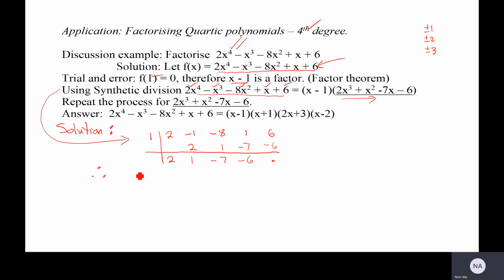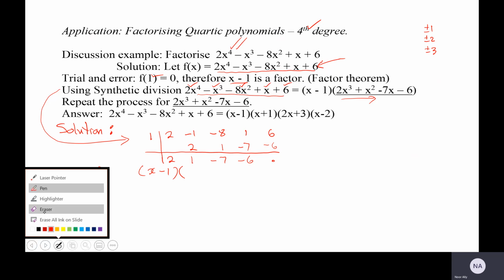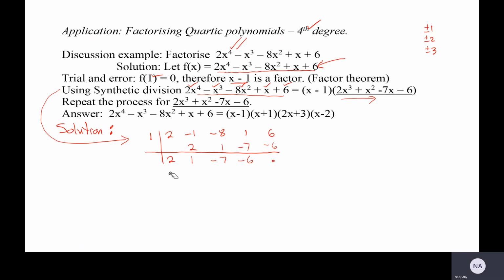Therefore, this can be factorized into the divisor, x minus 1, and because the highest power was an x to the fourth, well, let me just rather do this, because in terms of writing out our solutions, we must be extremely careful in writing a solution so that an examiner or someone else that reads it knows exactly what's happening. So I did the synthetic division by looking at 2x to the fourth minus x cubed minus 8x squared plus x plus 6.